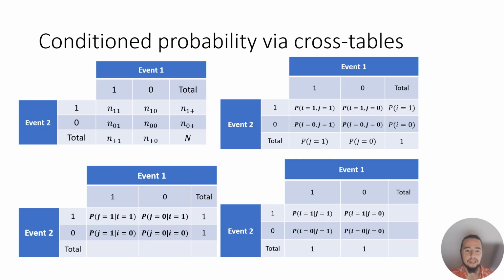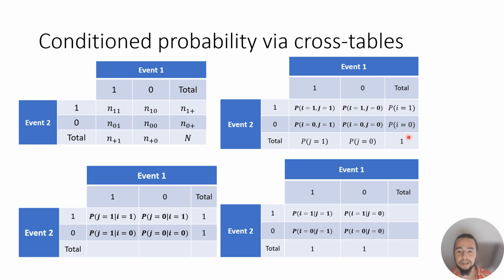So we can fragment this cross table into different probabilities, taking into account which is our sample space.